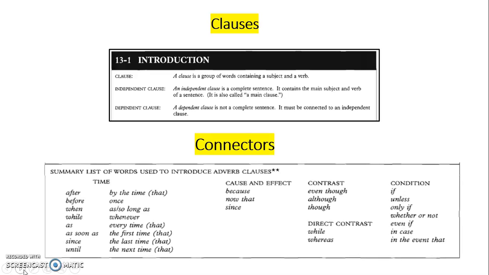Here are the connectors of adverb clauses, divided into five. They function as time, cause and effect, contrast, direct contrast, and conditions. They each have a different explanation and way of using them.